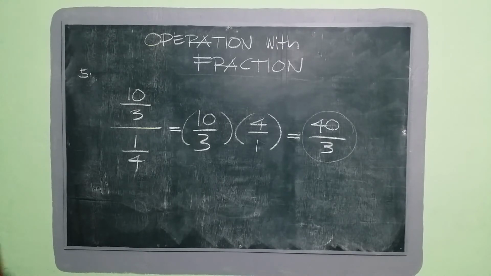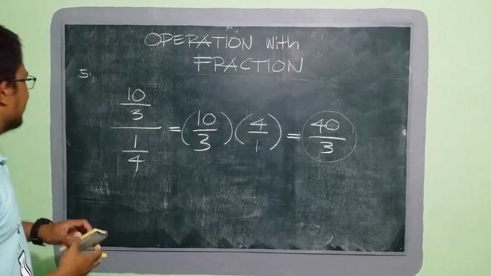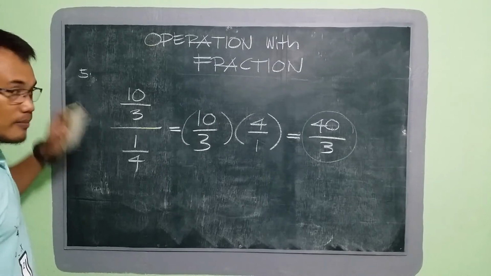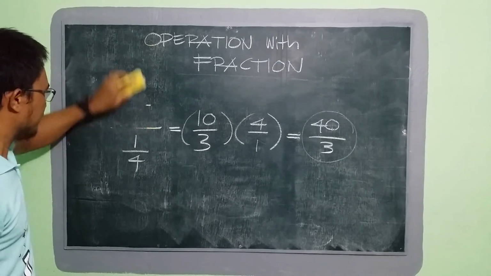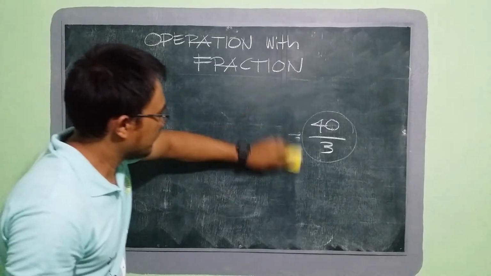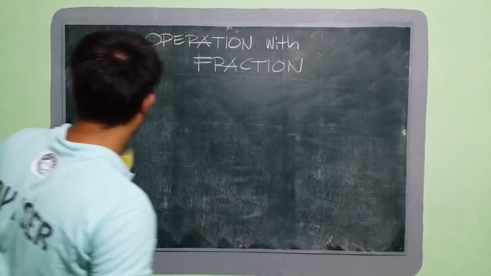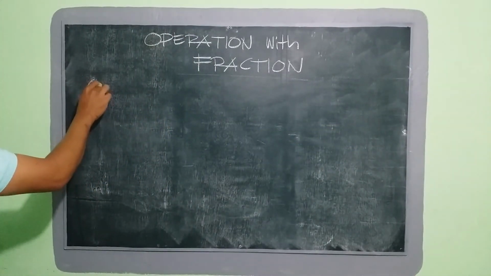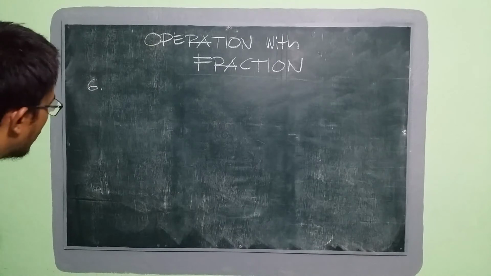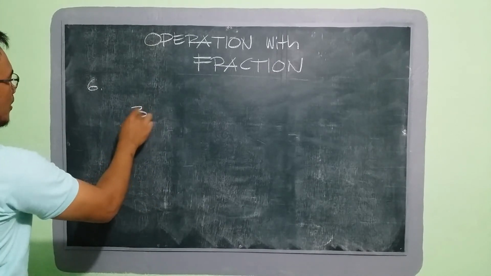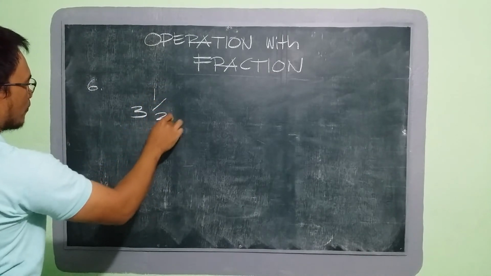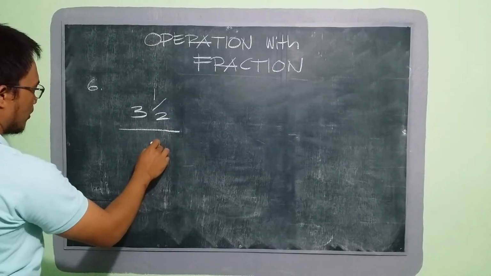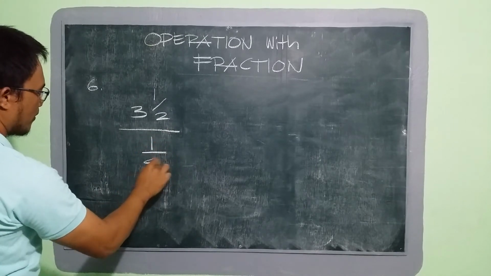Okay? Last example. So this will be our example number 6. What if we have 3 and 1/2 divided by 1/4?